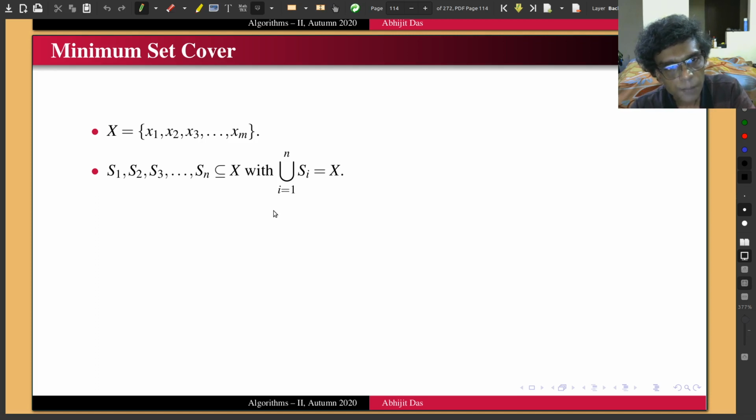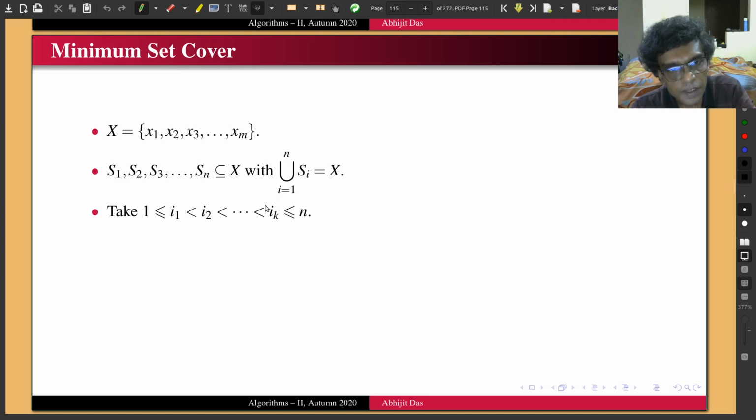So formally, let us take some indices i1, i2, up to ik, from 1, 2, 3 up to n, and the subsets corresponding to these indices are Si1, Si2 up to Sik.